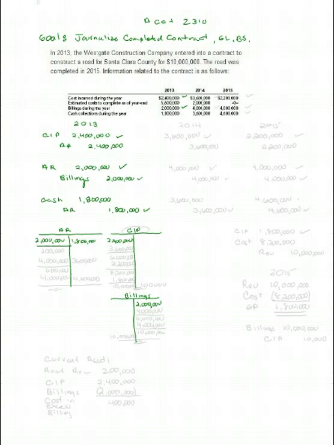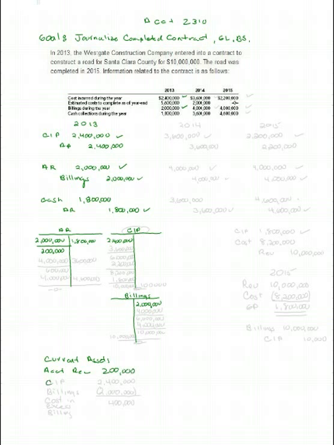Our balance in accounts receivable is the same under either method. We are owed $200,000 in 2013, so on our balance sheet we have current assets, and we have accounts receivable, and it's $200,000 for 2013.